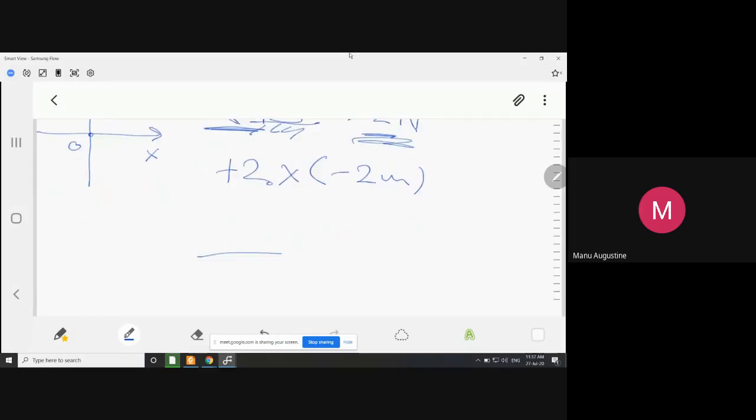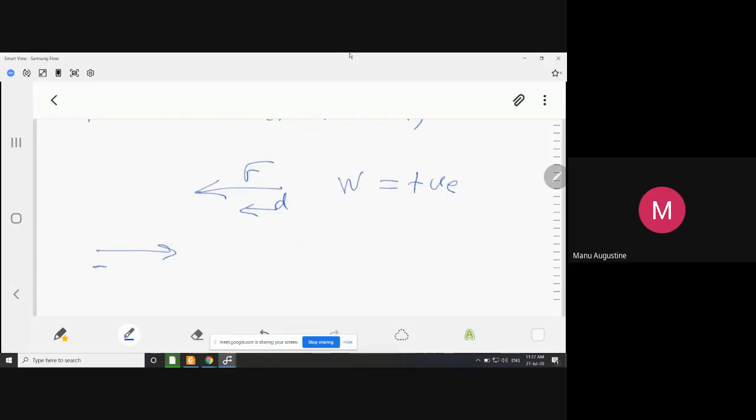If the vector is here, this is the force, and the displacement is also in the negative direction, the work will be positive. If the force and displacement both are in the positive forward direction, again the work will be positive.